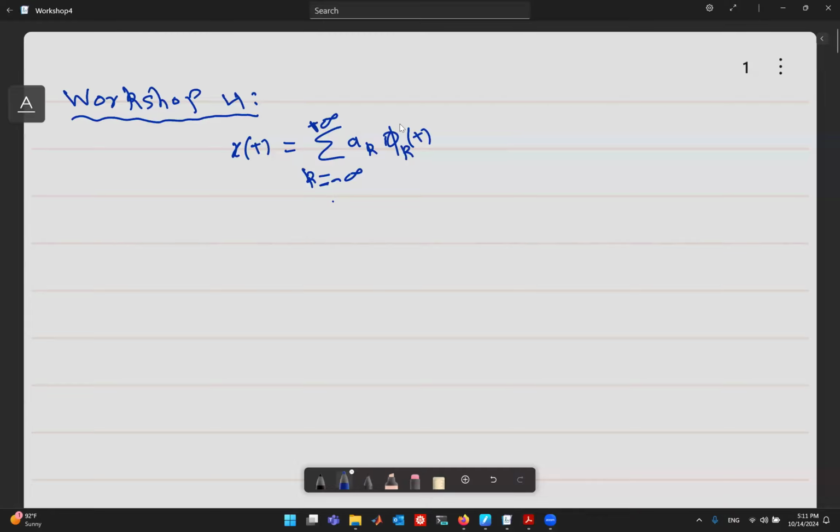If we have a signal written in this form, and we apply it to an LTI system, a linear time invariant system, what will the output be? Can you guess what the output will be if the input was this signal?